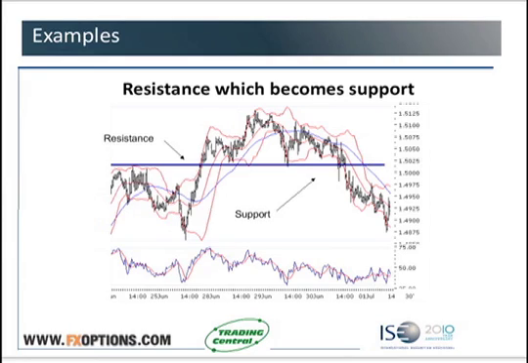You can see on the left the price hit three times the resistance level at 150.25.